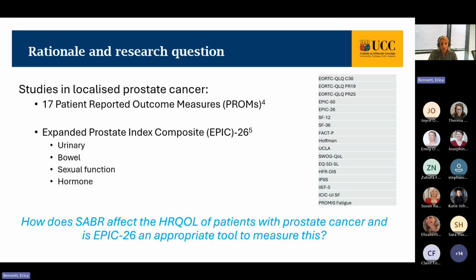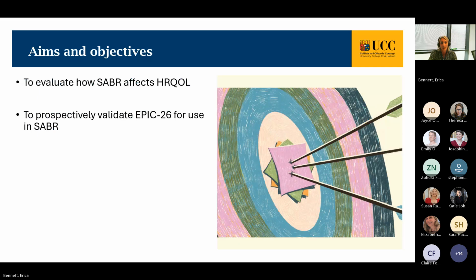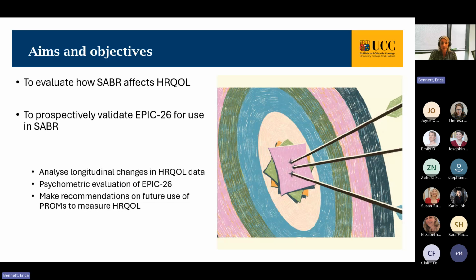So this is my research question: how does SABR affect the health-related quality of life of patients with prostate cancer, and is EPIC 26 an appropriate tool to measure this? My aims and objectives are to evaluate how SABR affects the health-related quality of life in this non-metastatic prostate cancer population, and to prospectively validate EPIC 26.